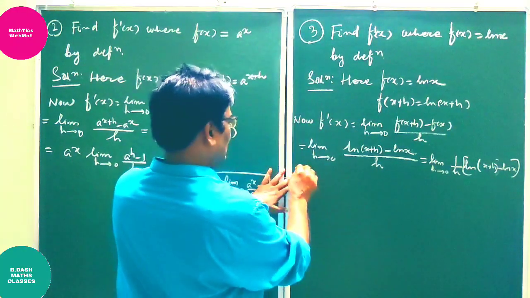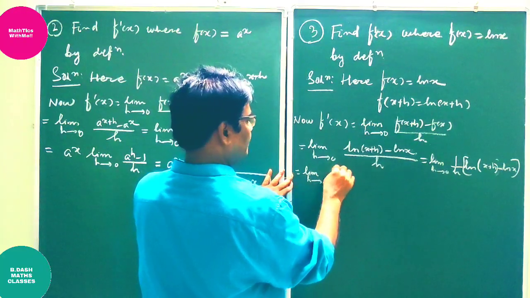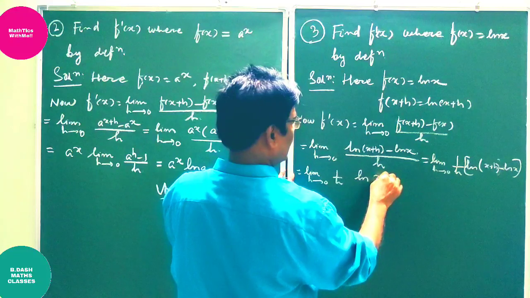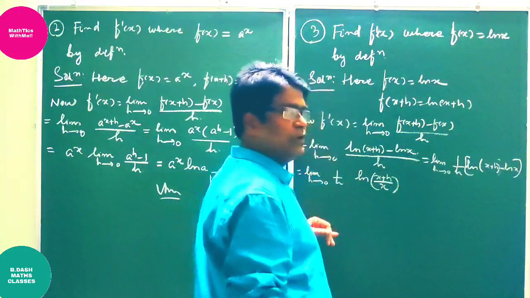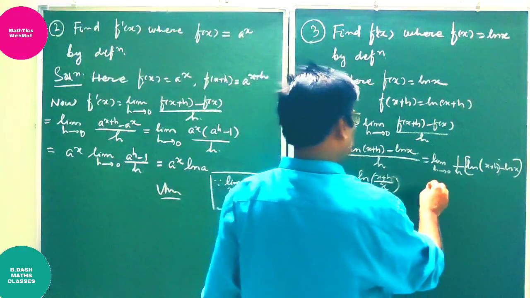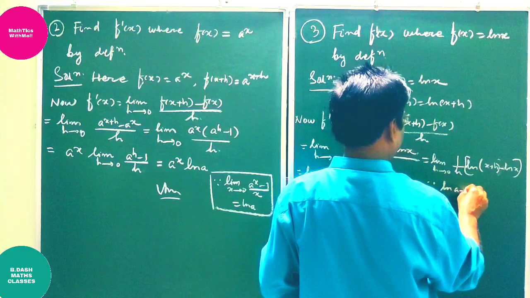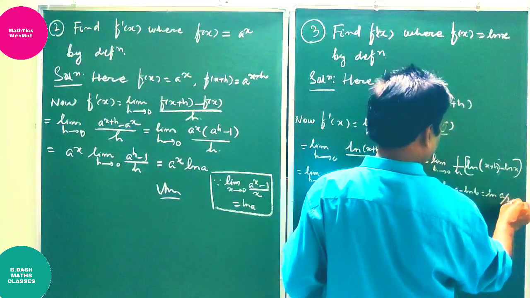So this is equal to limit h tending to 0, 1 by h ln of (x plus h) by x. Because we know ln a minus ln b is equal to ln a by b.